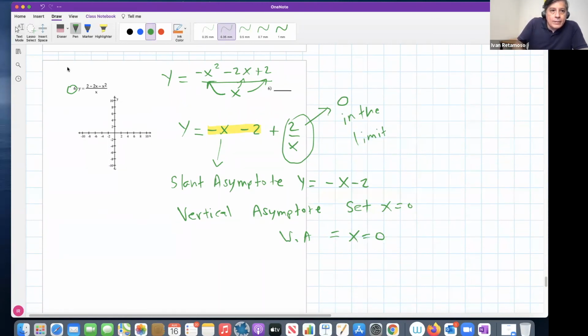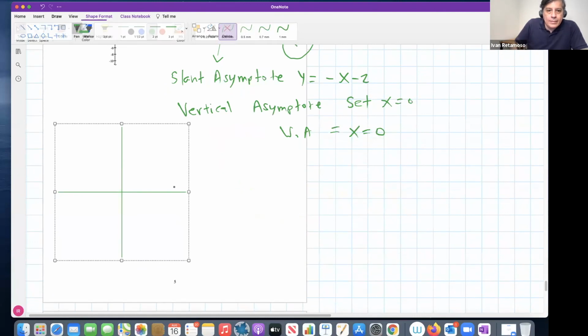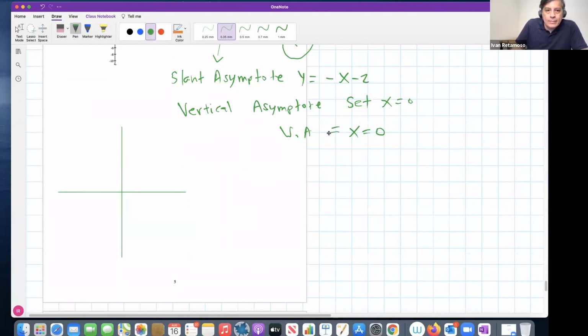One vertical asymptote is x equals 0. So x equals 0 is this line, right? This is the vertical asymptote, x equals 0.